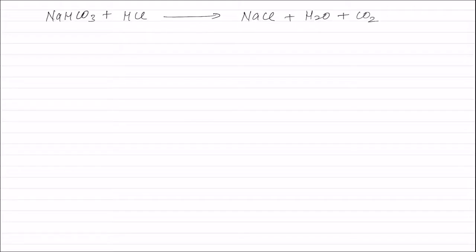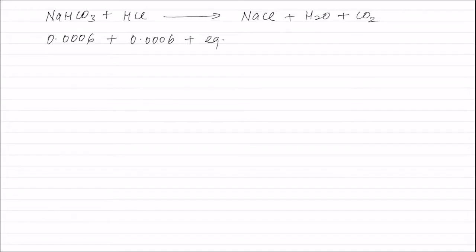Therefore, it can be written: equivalents of sodium carbonate present in the mixture, which is equal to 0.0006 equivalents, plus equivalents of NaHCO3 formed from sodium carbonate, which will also be equal to 0.0006 equivalents, plus equivalents of NaHCO3 present originally in the mixture.